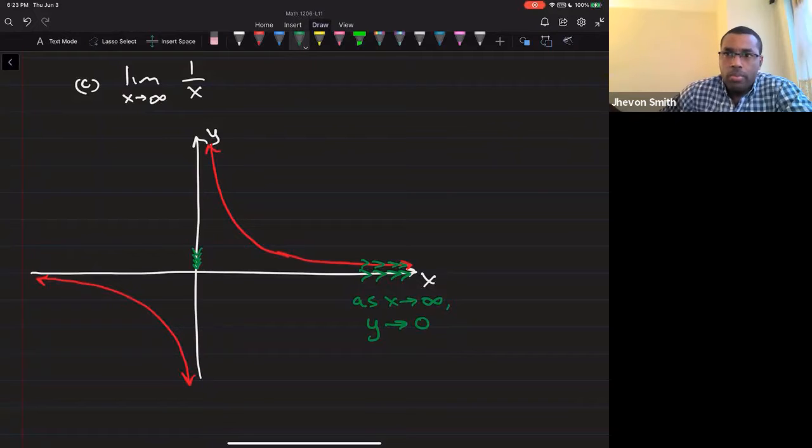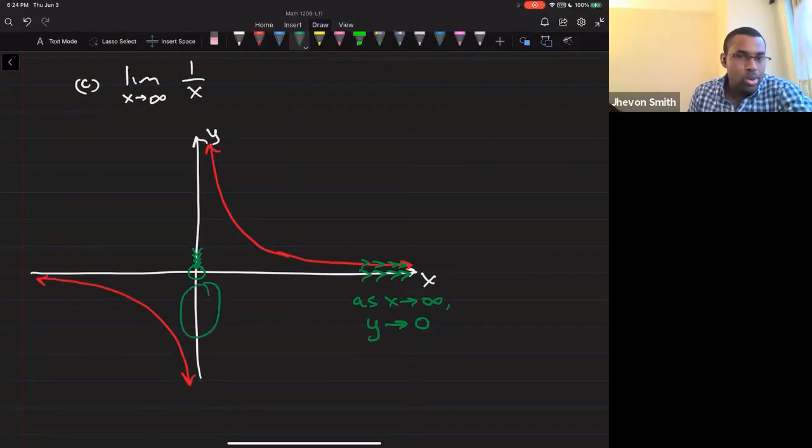Does it ever hit 0? It'll never hit 0, right? Because it's 1 over x. Your numerator is 1. The only way a fraction can be 0 is if the numerator is 0. So we'll never actually hit 0 because 1 is not equal to 0. So 0 is just something that we're getting closer and closer to, which is what the limit cares about anyway.